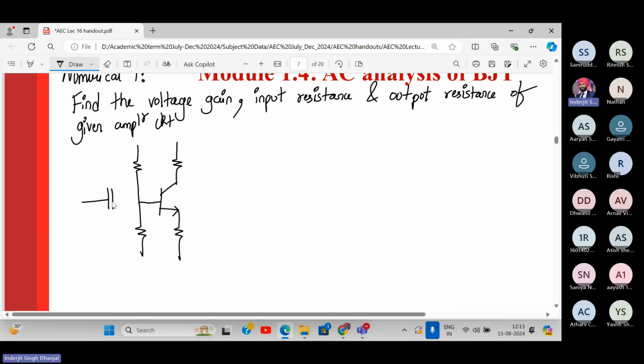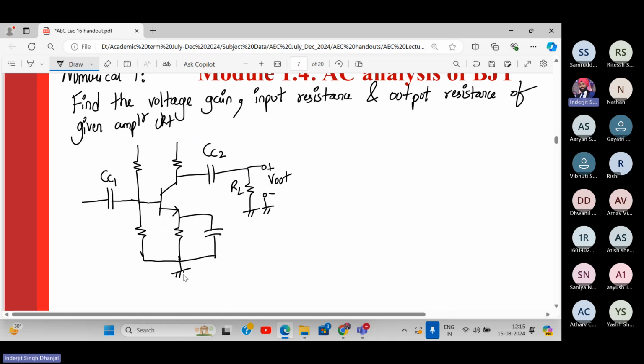So we have CC1 over here. Then we'll have CC2. Here we have V out. This is RL. Then we have the capacitor over here.